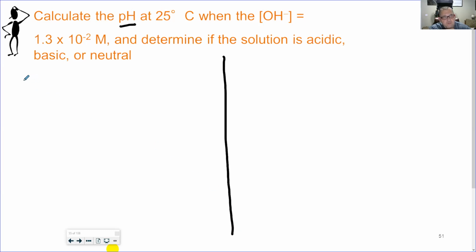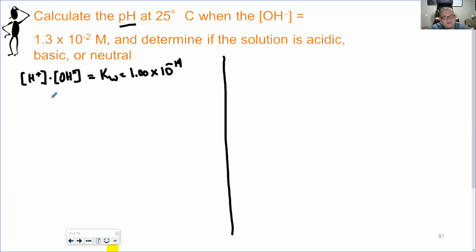So one way would be knowing that H plus times the OH minus is equal to the Kw, which is equal to 1 times 10 to the minus 14th.